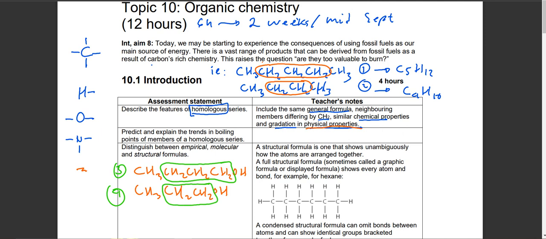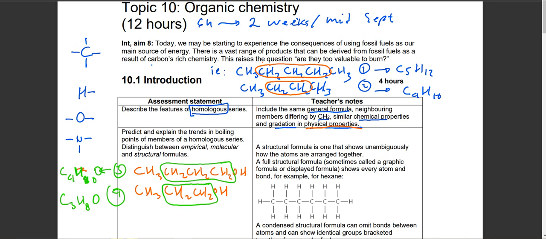If we try to draw the molecular formula, you have C4, and the hydrogen is 10, and then oxygen 1. This one is C3, H 8, and then O. So obviously they are different compounds.